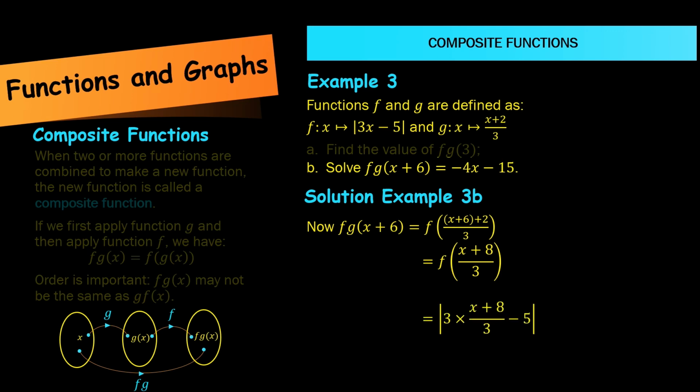And now we apply the equation for f of x. So this time, of course, f of x is equal to 3x minus 5. So if we're trying to find f of x plus 8 all over 3, we simply replace x by x plus 8 all over 3 as shown.